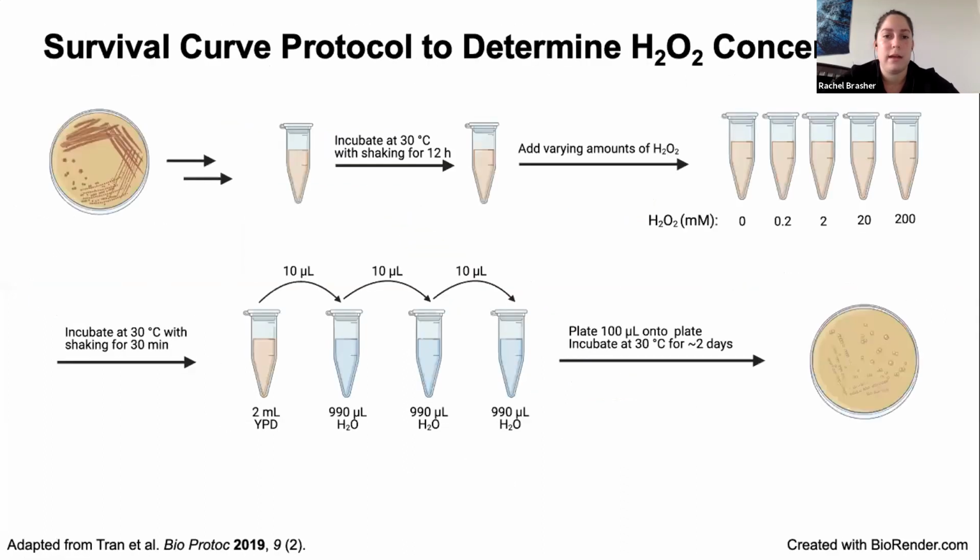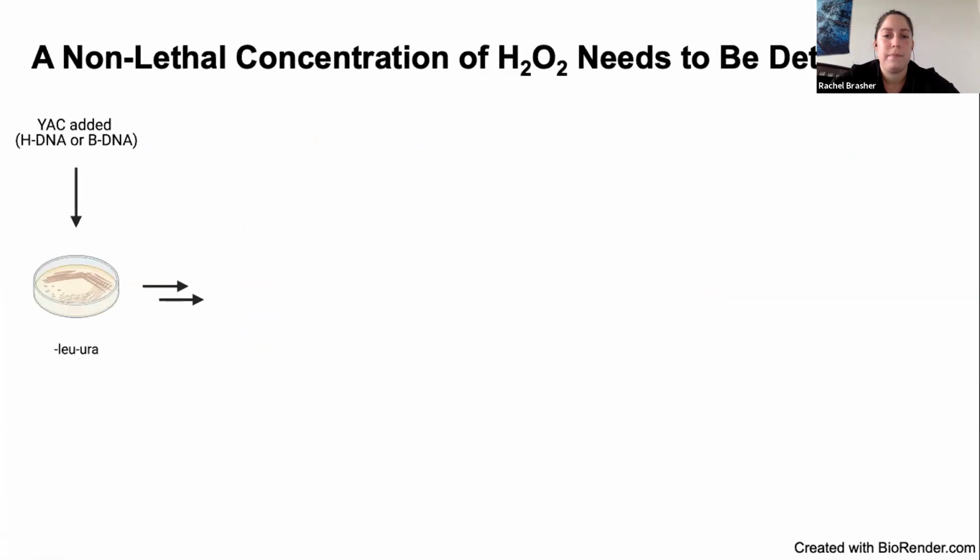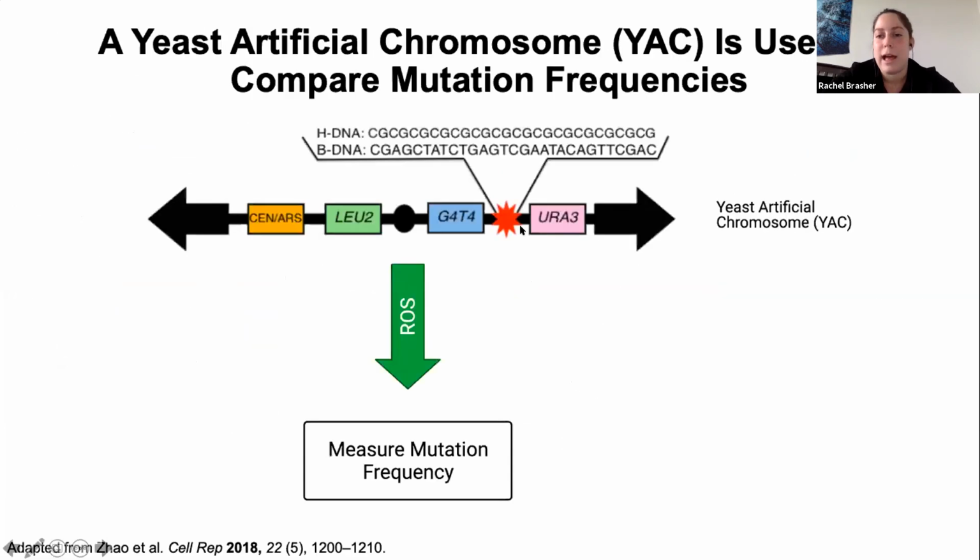Let me go back to that. So here, in the yeast, when the cells are mutated, this URA is inactive. And so when grown on FOA plates, mutants that do not have the URA will grow.